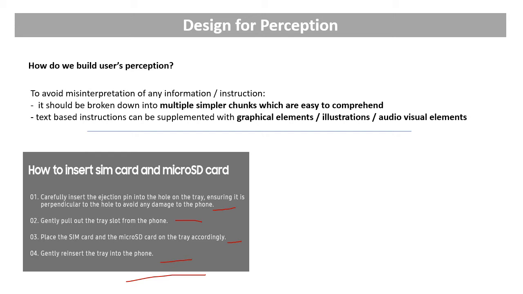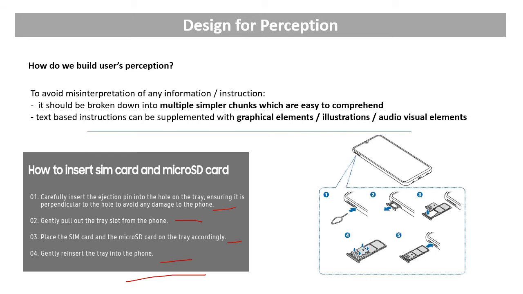In contrast to this, think about a way where graphical elements or illustrations have been used in a step-by-step fashion, so that users understand how they should be placing the memory card inside the phone.